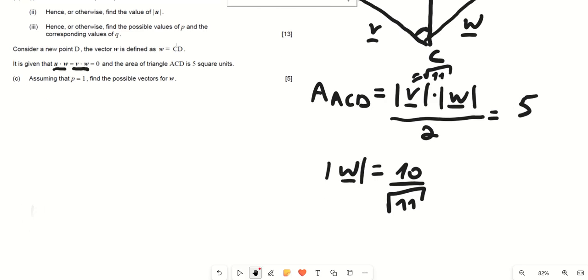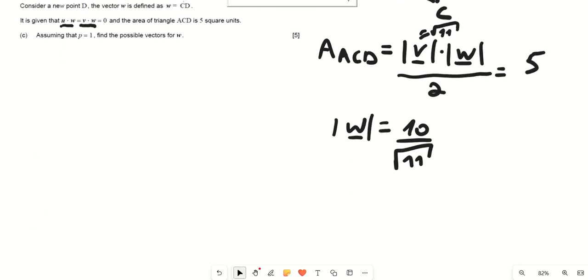So this is one equation that I already have, and I will use two more equations, the fact that the vectors are perpendicular.